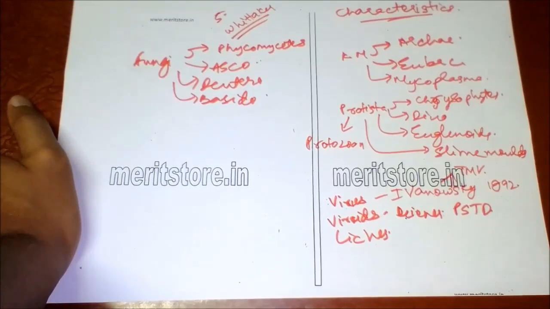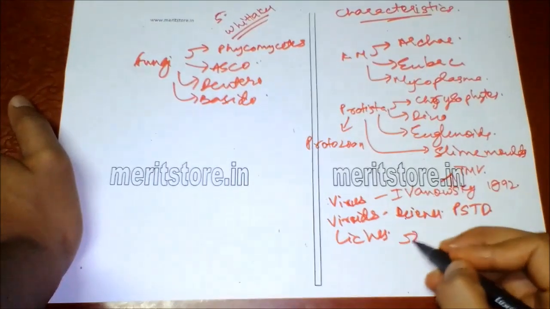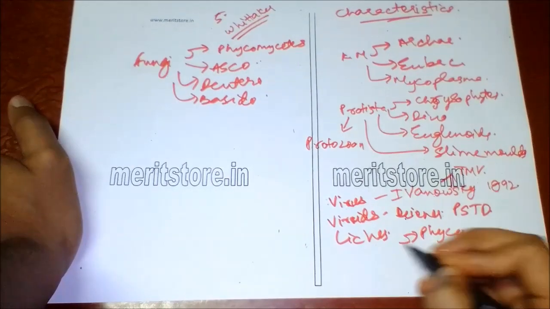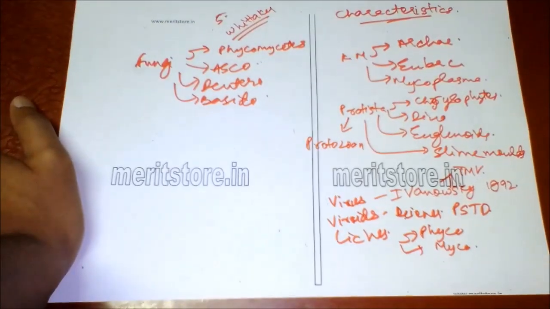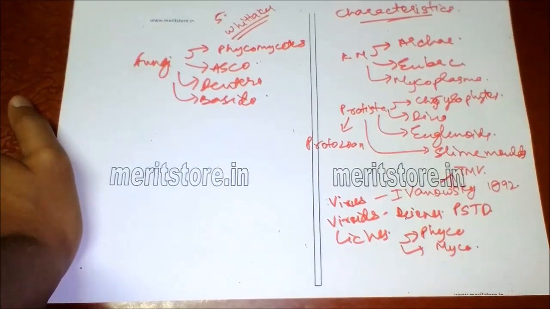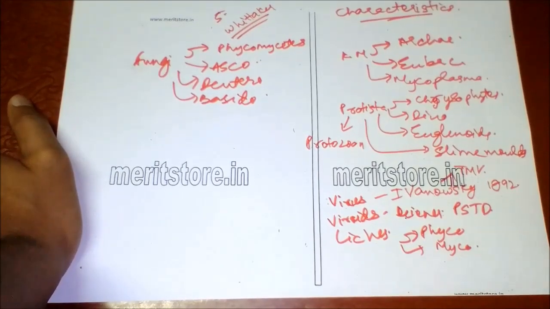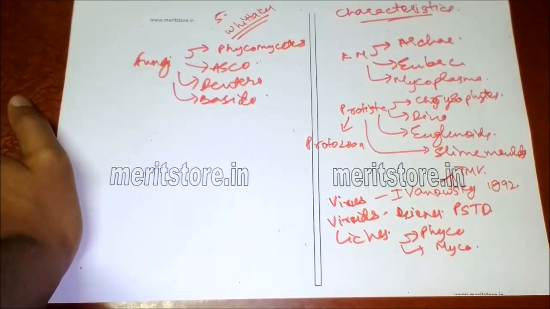And lichens, which may be phycobiont or mycobiont. And lichens are very good pollution indicators, so they do not grow in polluted areas. So these are the things which you have to remember in the biological classification chapter.